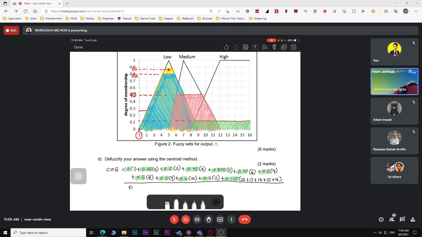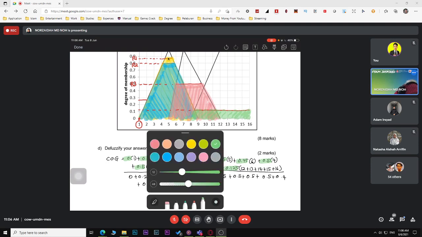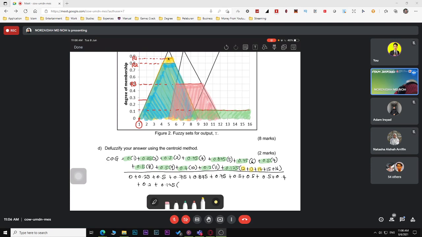Okay, so pembawah ni ialah 0 plus 0.25 plus 0.5 plus 0.75, 0.875 plus 0.75, 0.5, 1, 2, 3, 0.4, plus 0.2 plus 0.125 darab dengan 1, 2, 3, 4, 5. Darab dengan 5.